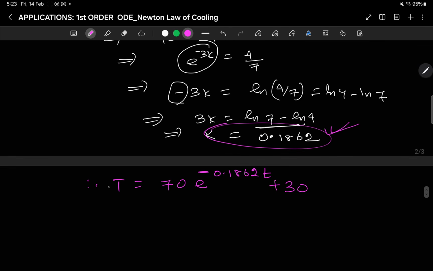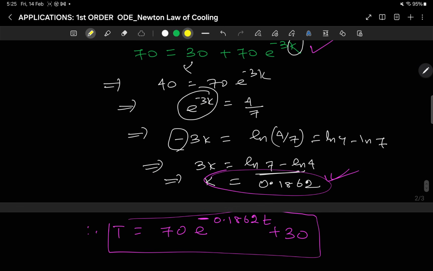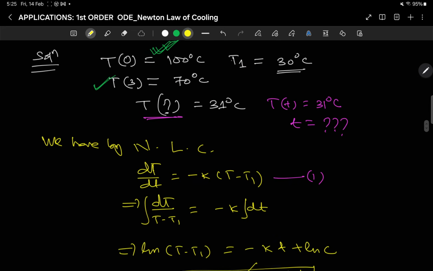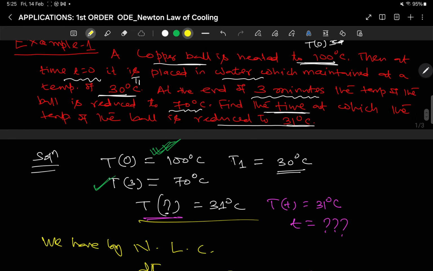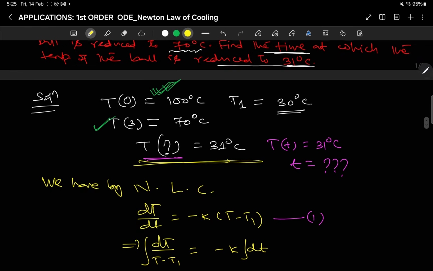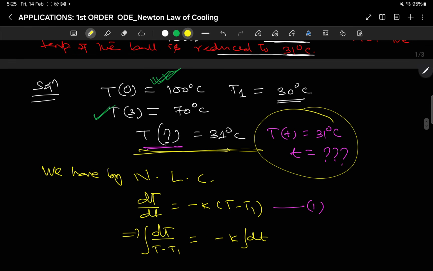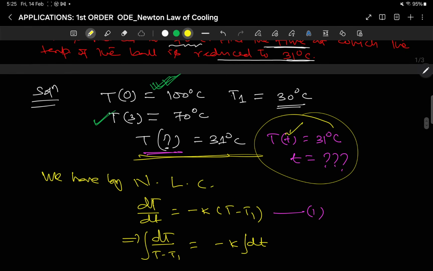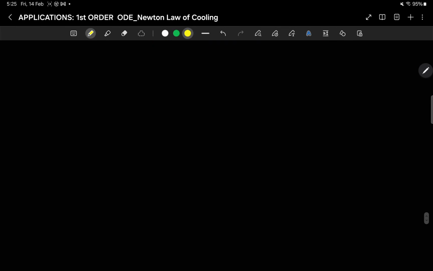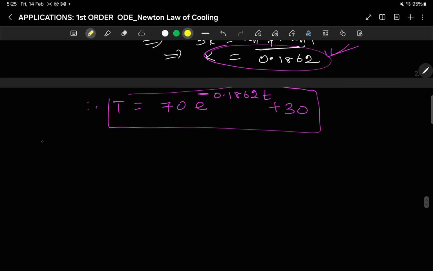So now coming to the last aspect of this question: at what time is it 31 degrees centigrade? Okay, so now we impose it to get the value of t. T of t is equal to 31.